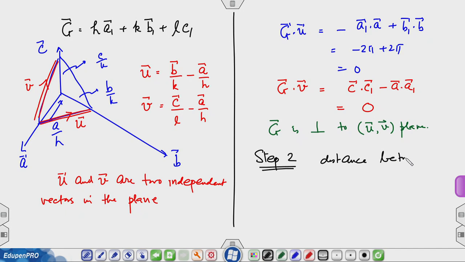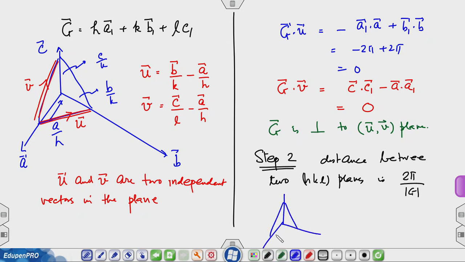Step 2: the distance between two HKL planes is 2 pi over mod G, and that is very easy to show, because if I look at these planes, two of them, the vector from one plane to the other in the A direction is A over H, in the other directions it is B over K and C over L. Projection of any of these vectors along G would give you the distance.